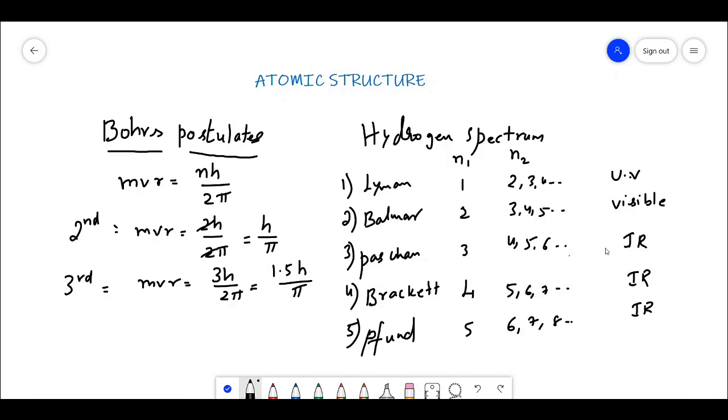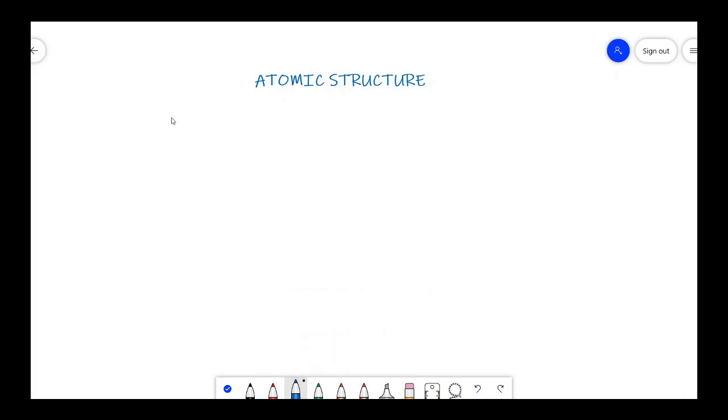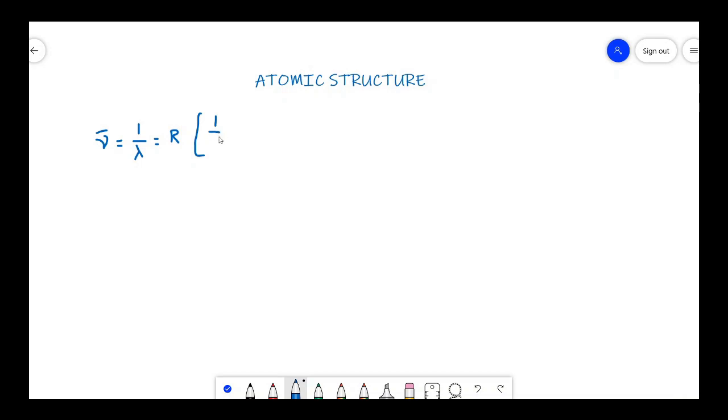In the hydrogen spectrum, we will ask questions based on Rydberg's equation. In Rydberg's equation, we have the formula nu bar is equal to 1 by lambda is equal to Rydberg's constant R into 1 by n1 square minus 1 by n2 square.